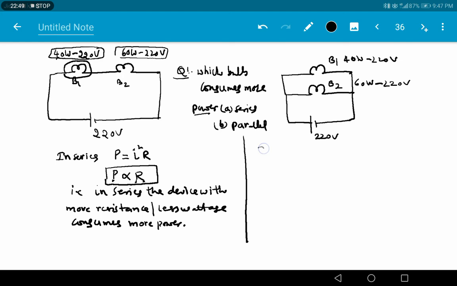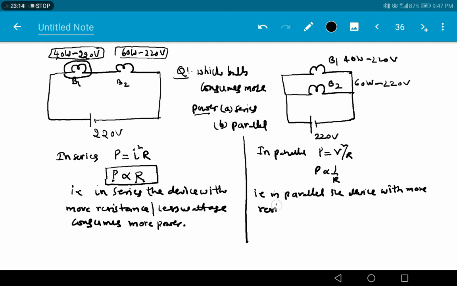Now come to this in parallel. In parallel, we can use the relation P equals V square by R. Therefore, P is inversely proportional to R. That is, in parallel, the device with more resistance, or the device with less wattage, consumes less power.